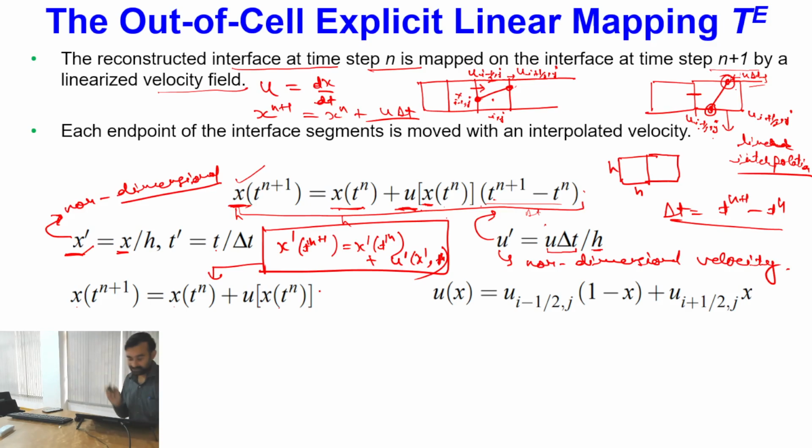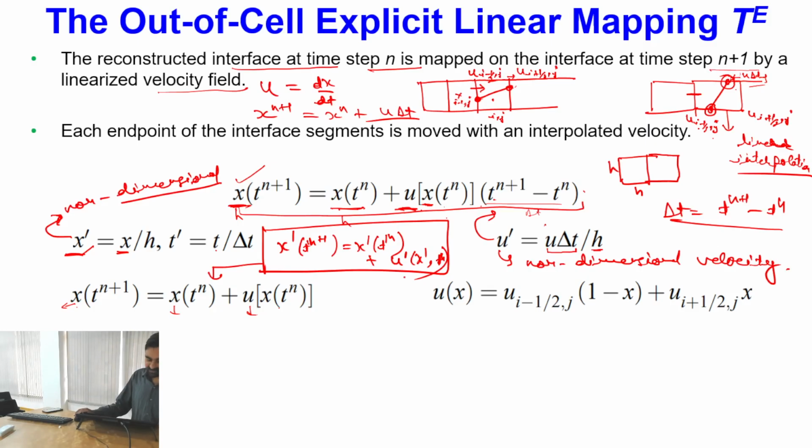But you have to understand that all these x and u are dimensionless or normalized quantities, where x is normalized with h, t is normalized with delta t, and u is nothing but u delta t divided by h. All of you agree to this point?